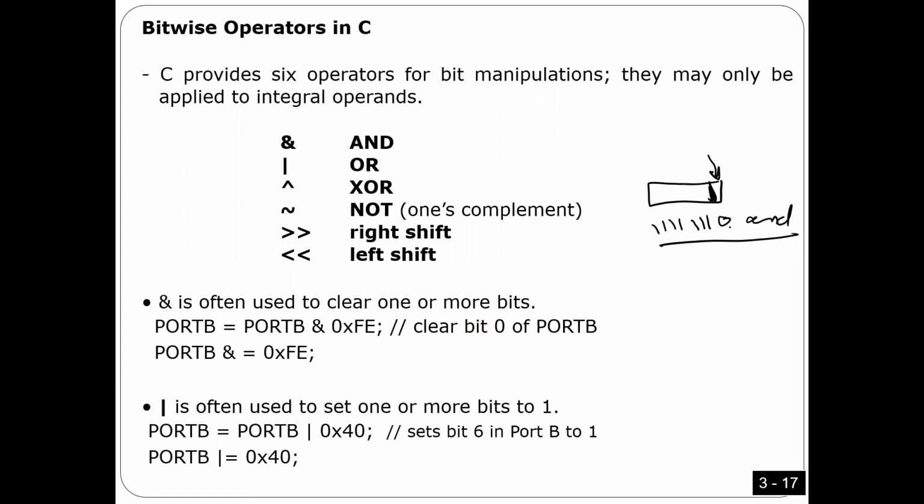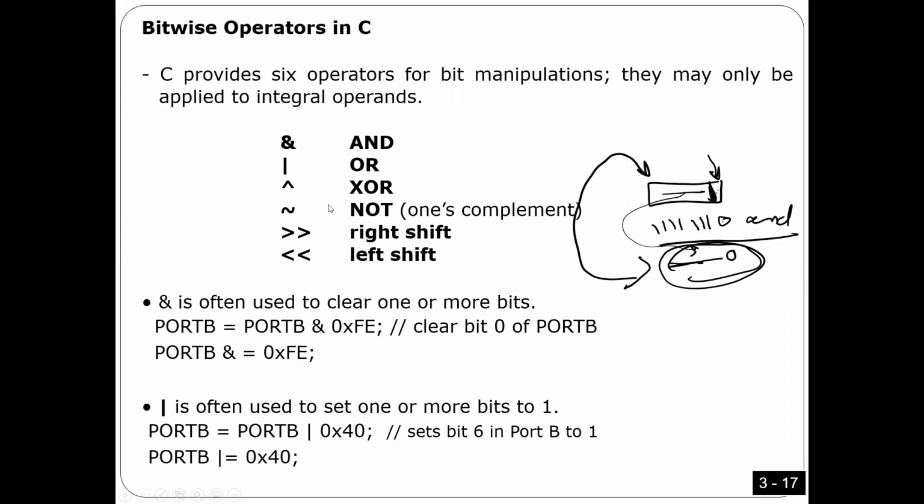Why this way? Because 0 AND any bit is 0, right? But 1 should not change the bits. So all these bits come through. By this way I get the same byte, but the first bit is cleared. Is that okay?